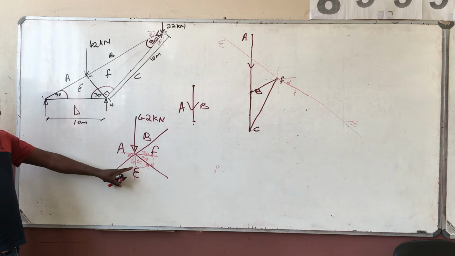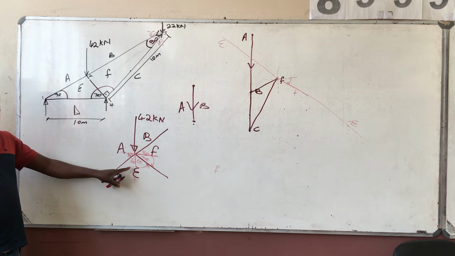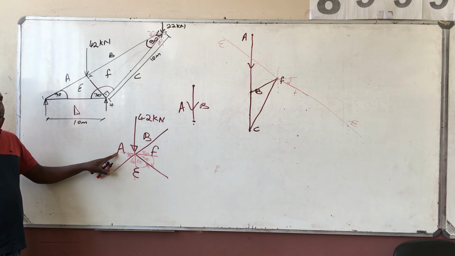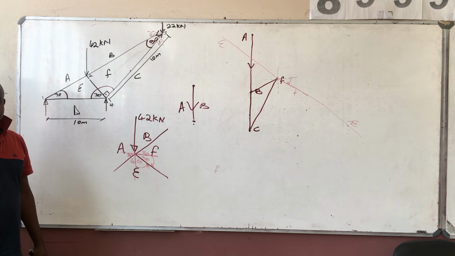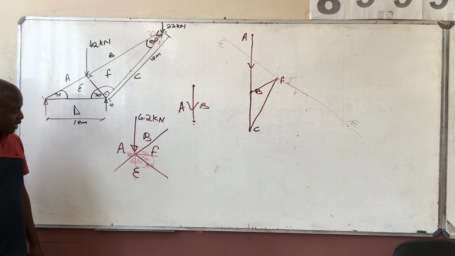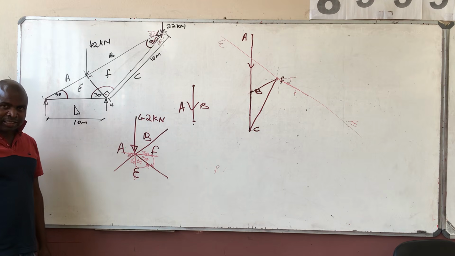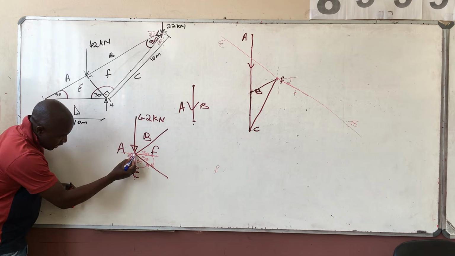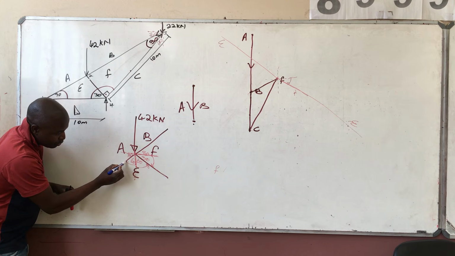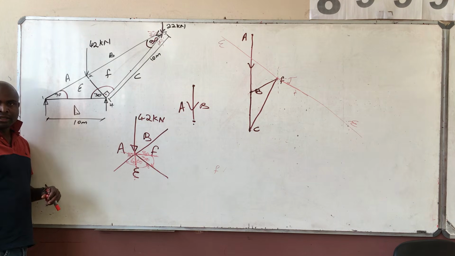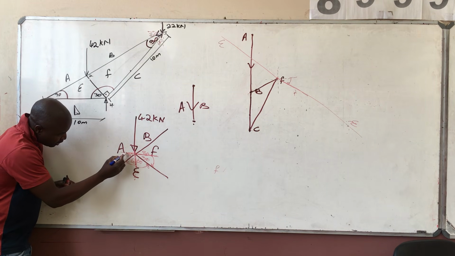So the next one is what? EA, right? EA is at which angle? Angle 60, horizontal or vertical? Vertical. I agree, here is the vertical line. So we're going to measure from vertical where it is 60, to horizontal. This one here is horizontal.